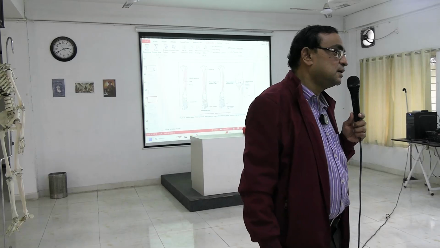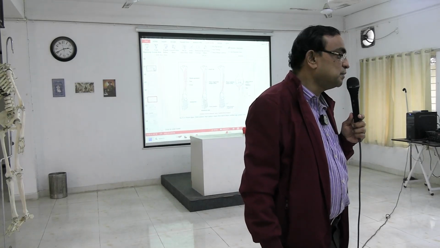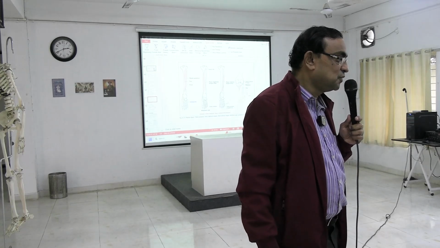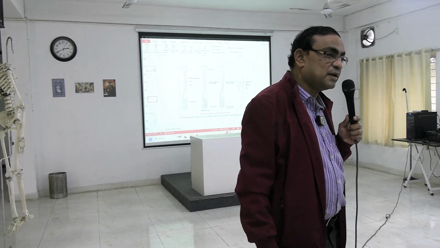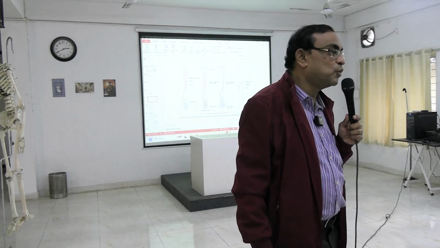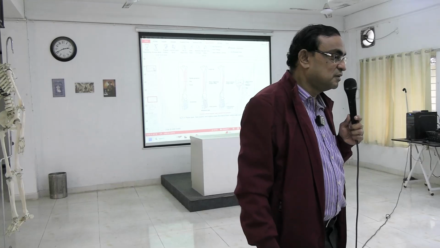It is mainly inserted at the tuberosity of the navicular bone. There is one navicular bone, medial cuneiform, lateral cuneiform, intermediate cuneiform, navicular, a boat-like bone, and one cube-like bone. These are the tarsal bones.